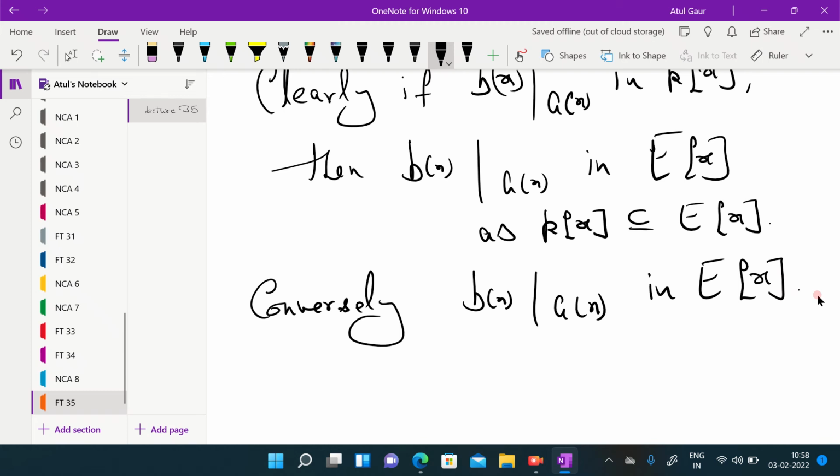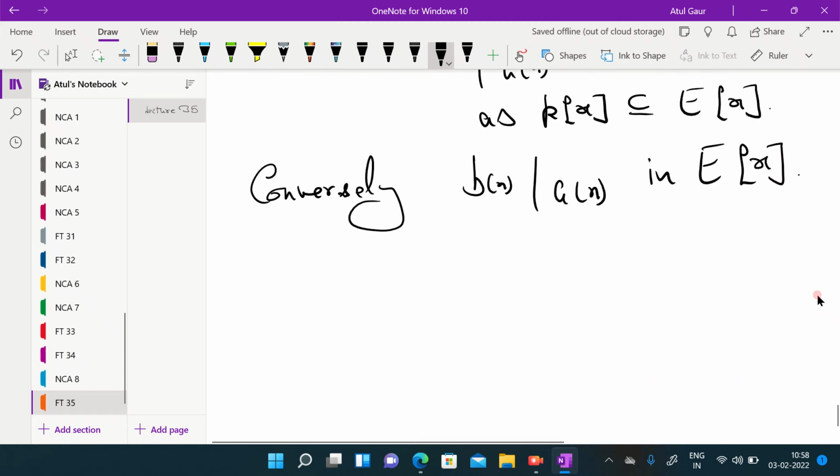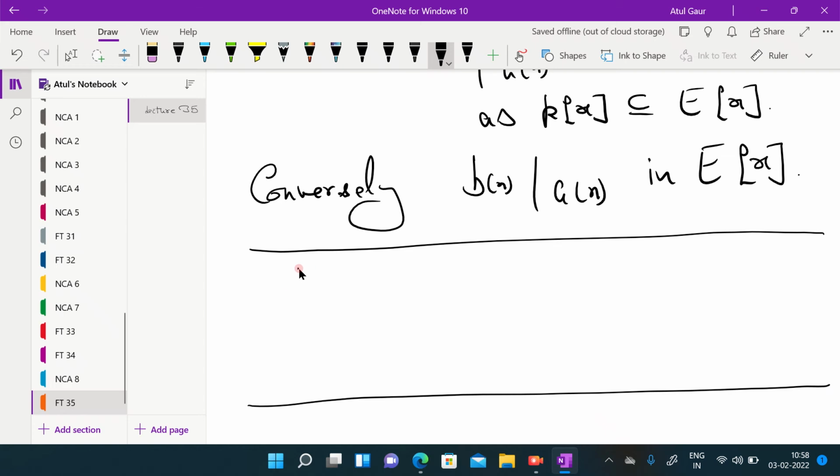So you need to recall the Euclidean algorithm. क्या बोलता है वो? You have any polynomials f(x), g(x) in K[x], and assume g(x) is non-zero. So then there exist unique polynomials.